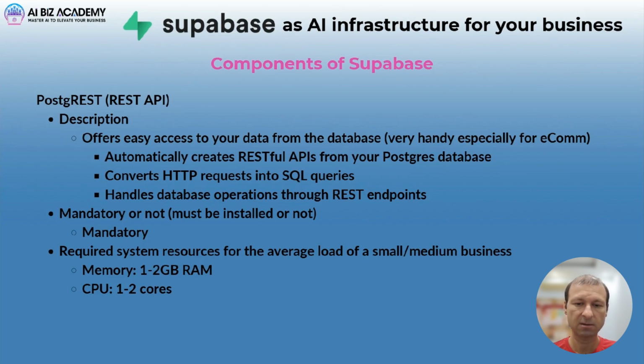So you can get data, edit data, and delete data by calling APIs. This is achieved by PostgREST converting all your API calls into SQL queries on the database. This is a mandatory component. It requires around 1 or 2 gigabytes of RAM and 1 or 2 cores.